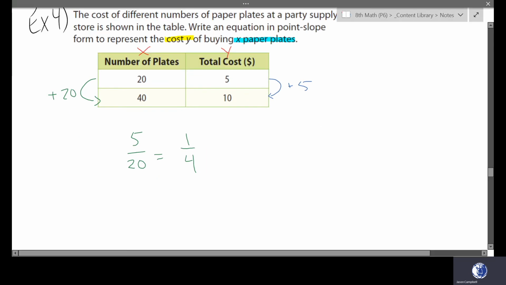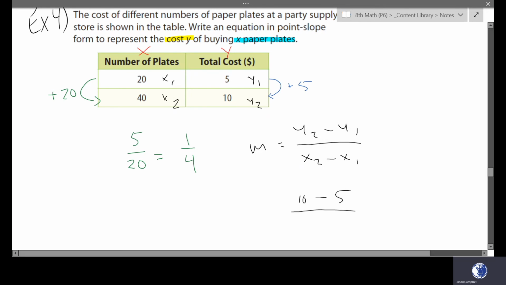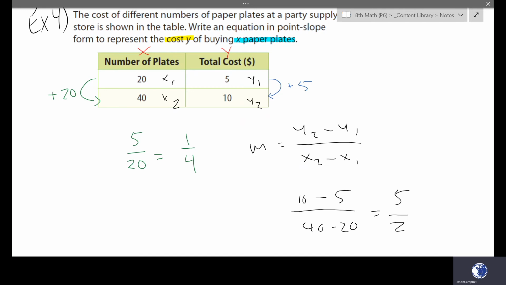Or you can think of it as x1, y1, x2, y2. So m is equal to y2 minus y1 over x2 subtract x1. So 10 subtract 5 over 40 subtract 20, which is 5 over 20, which is 1/4.